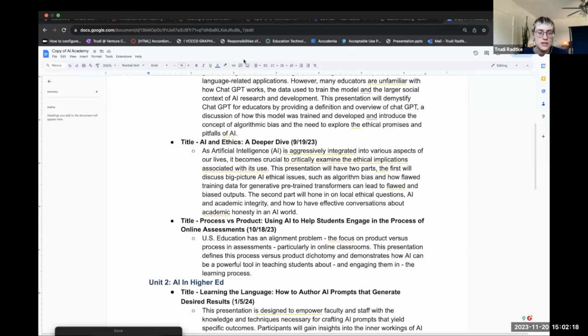So, as you can probably tell at this point, process versus product is a real linchpin session in this whole academy. In it, we spend the entire first half of the session talking about an alignment problem. It's a nice analogy because in AI and machine learning, alignment is a real issue.